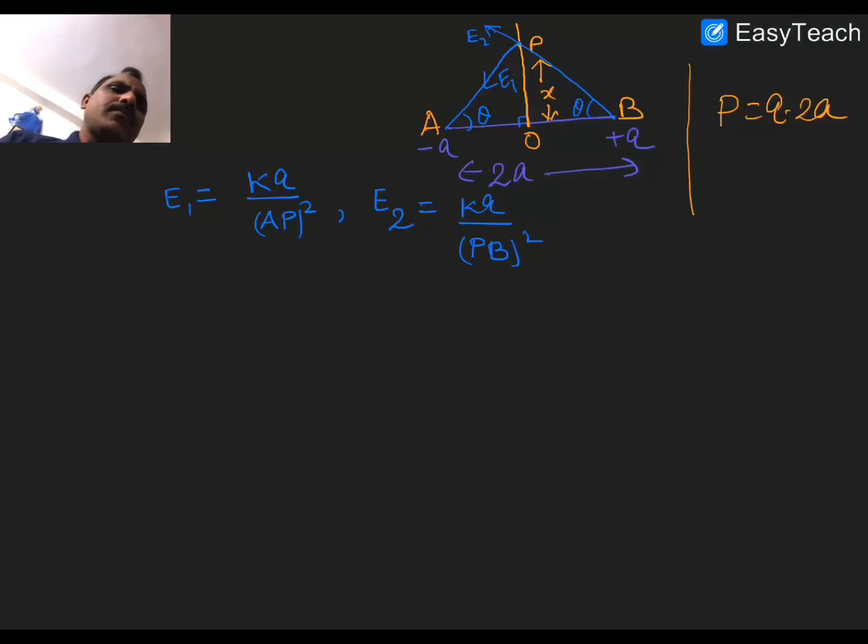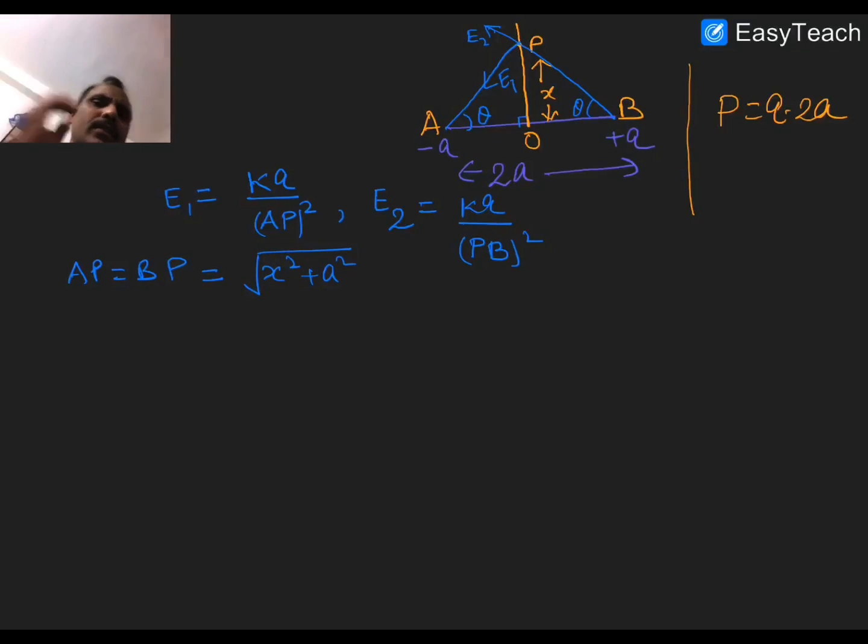Equatorial line means perpendicular bisector, so the electric field at point P due to the plus q charge, E2, is equal to kq upon PB square. AP is equal to PB, and the value of this is the square root of x square plus a square.